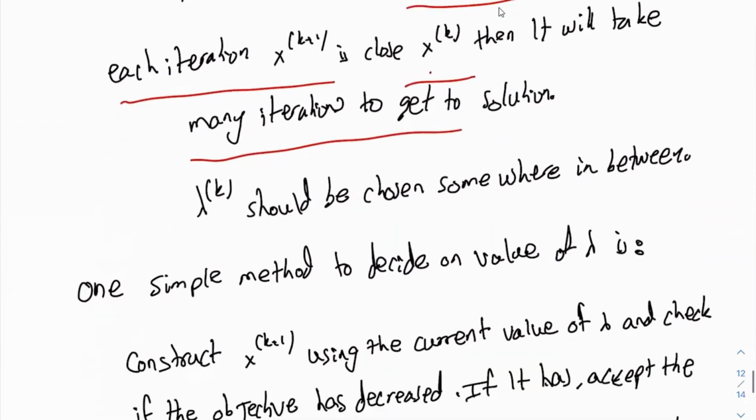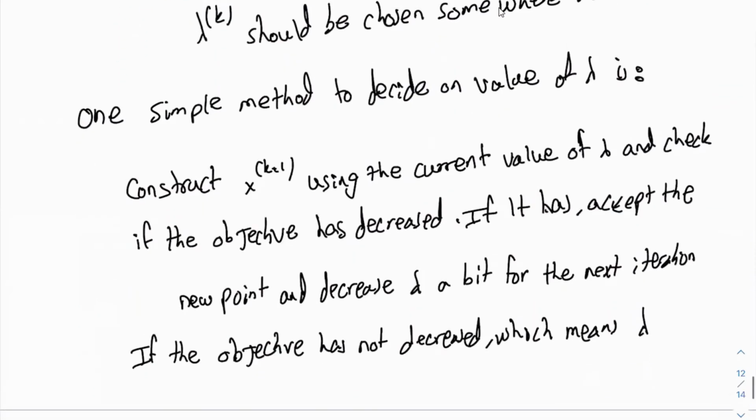So in a sense, there are many ways to choose this lambda k, but one simple way is this. You choose some initial value for lambda, and you call it lambda 1. Let's say you choose 1. You construct xk plus 1 using the current value of lambda and check to see if the value of the objective is reducing or not.